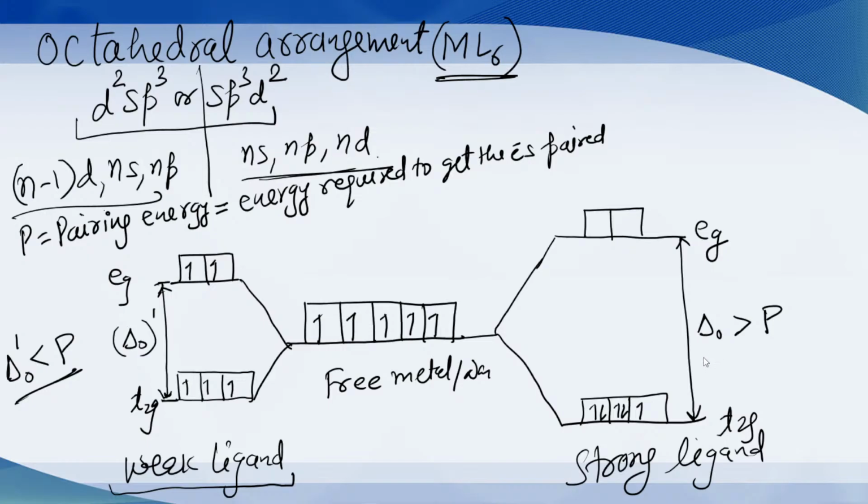So the energy required to shift the electron to Eg is more, but to get them paired is less.